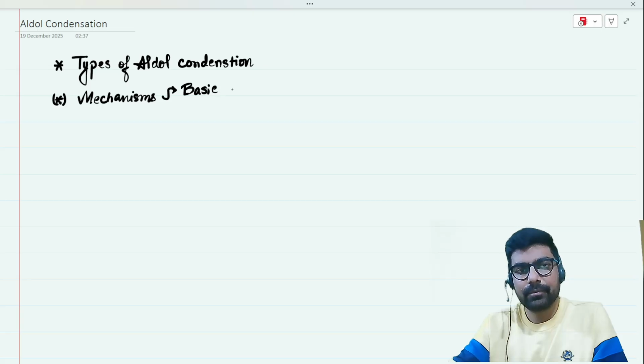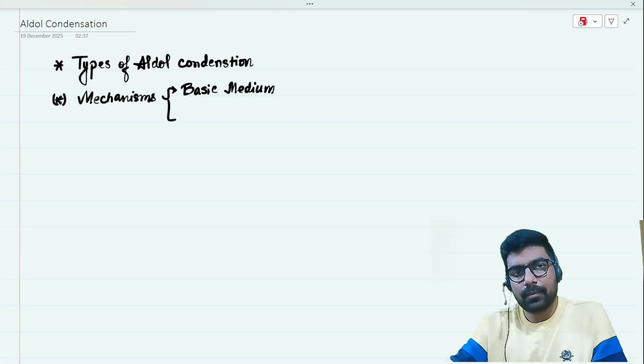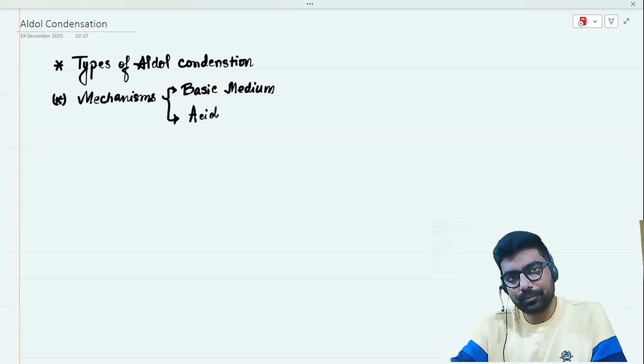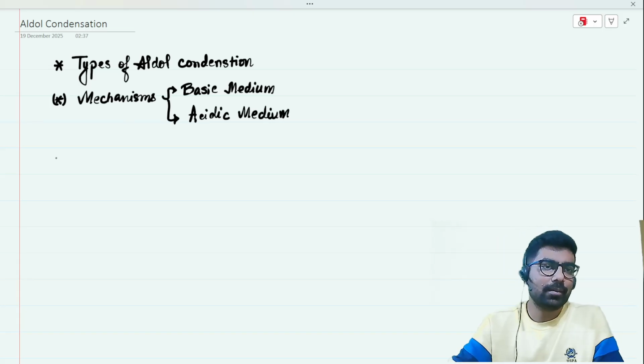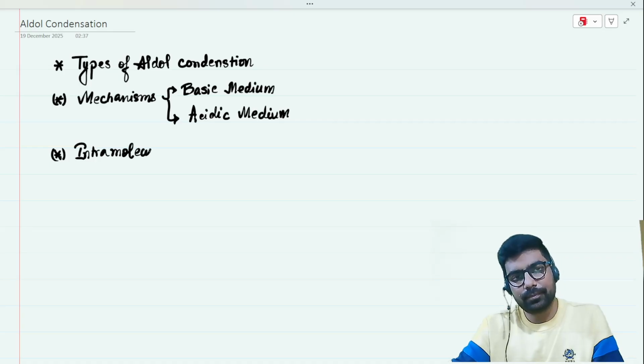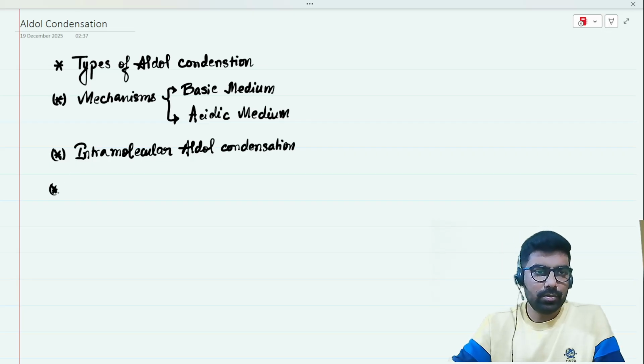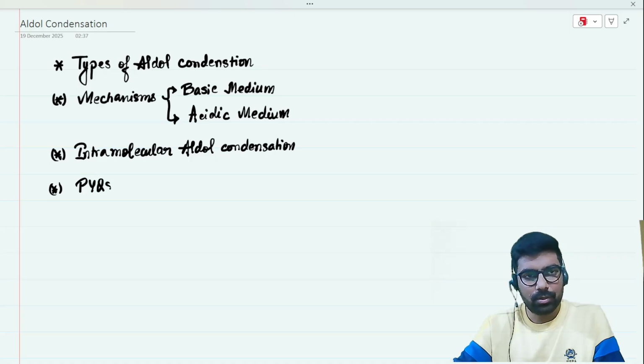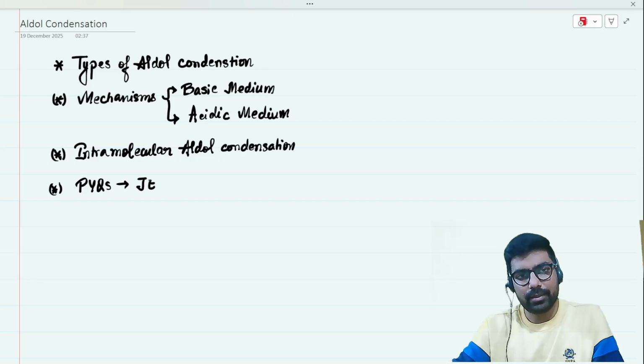Firstly, in basic medium, then in acidic medium, then we will study something called intramolecular aldol, and at the end we will do some PYQs of JEE Mains.